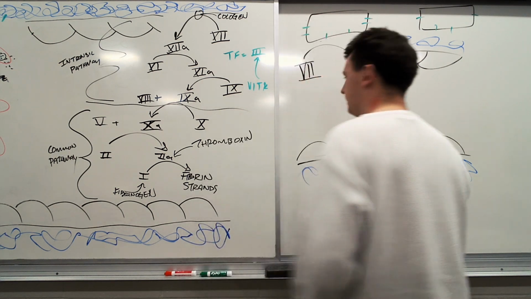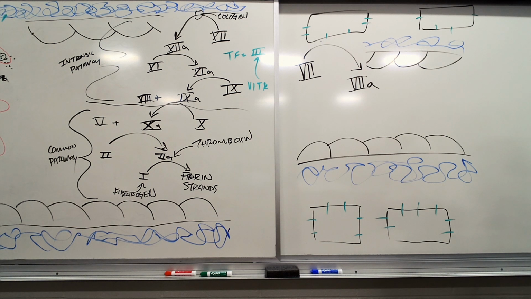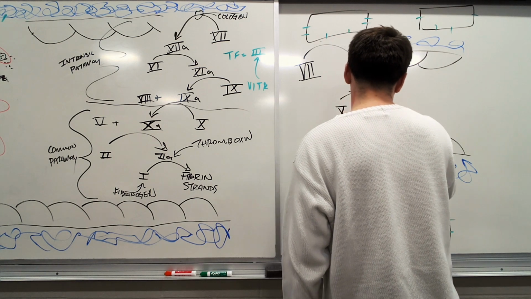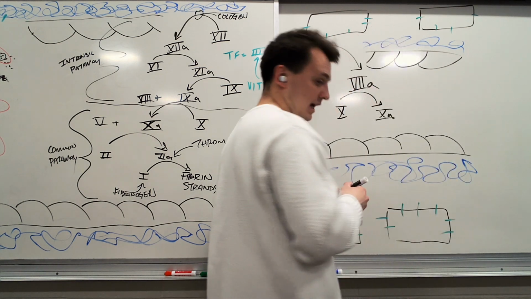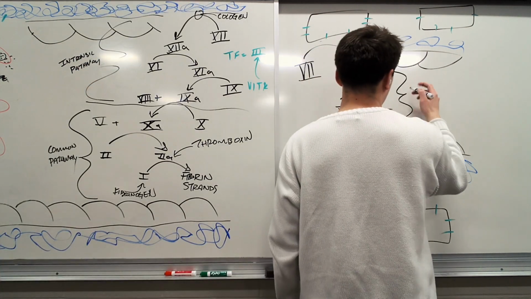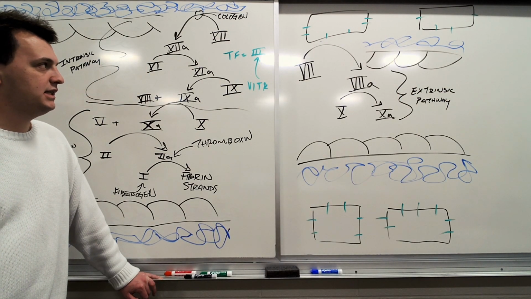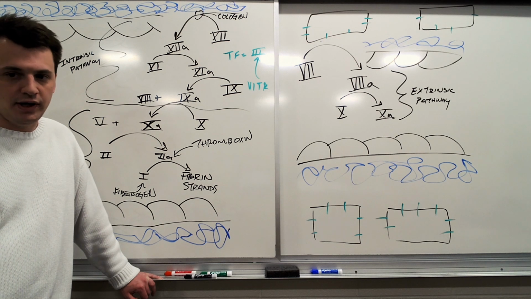And as it's activated, we have factor 10 turn into factor 10 activated. And that's the extrinsic. So again, the TF is factor 3.